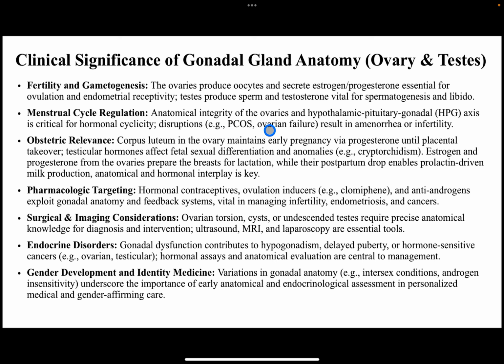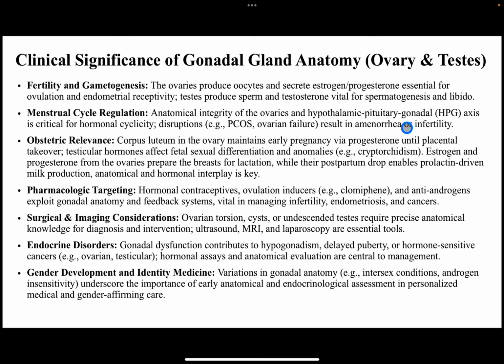Do you get it? So if someone is having a problem with the hypothalamic-pituitary-gonadal axis, that person may end up having issues relating to fertility, testicular failure, ovarian failure, which may result in infertility issues, and then for females may result in amenorrhea.